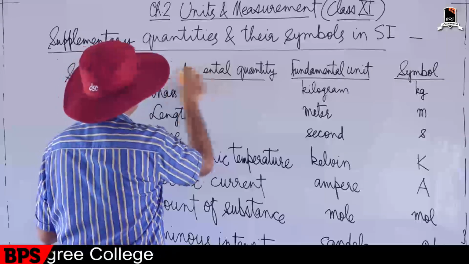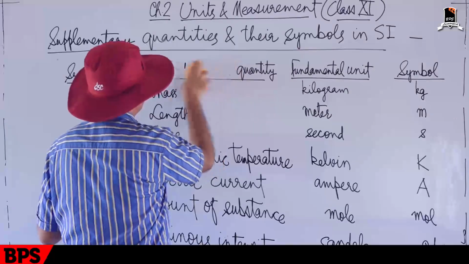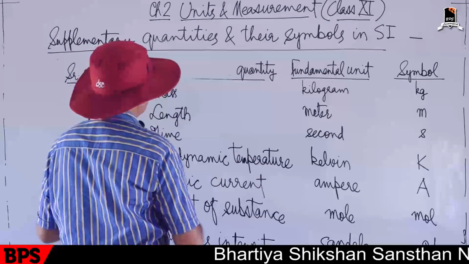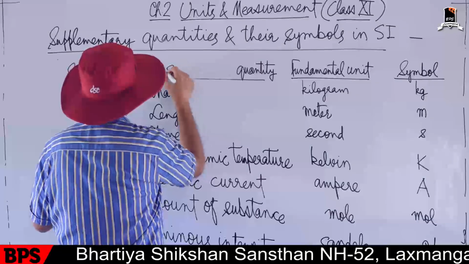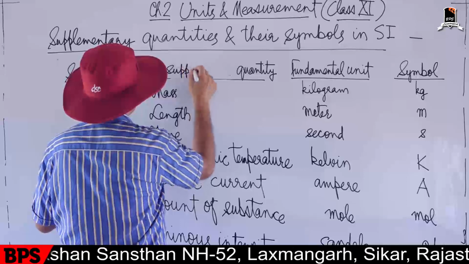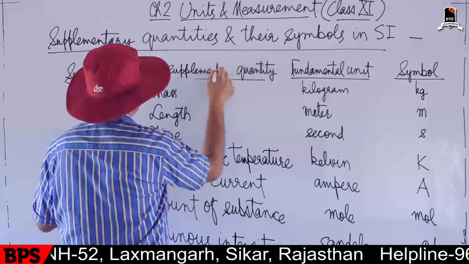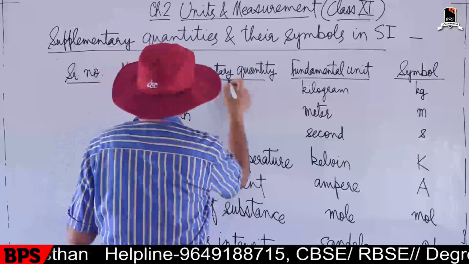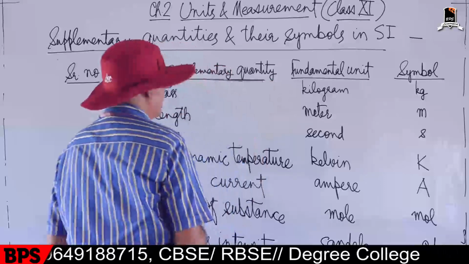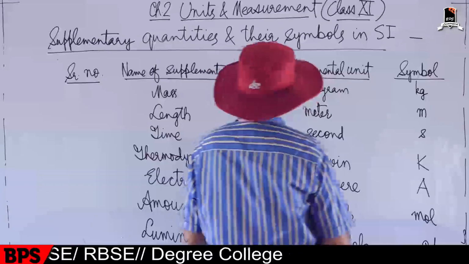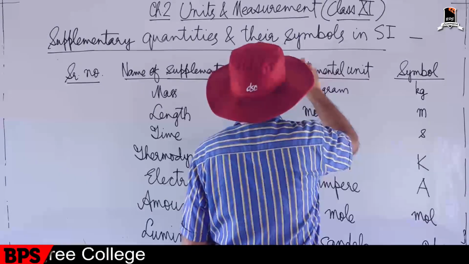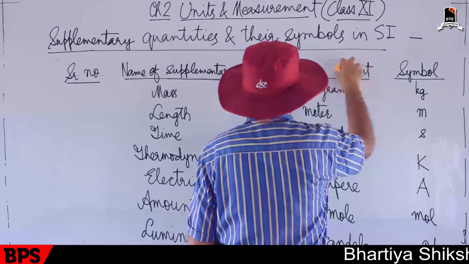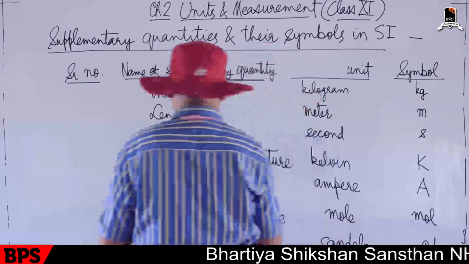So, write here the column name as name of supplementary quantity, then its unit means supplementary unit. So next column is for supplementary unit.